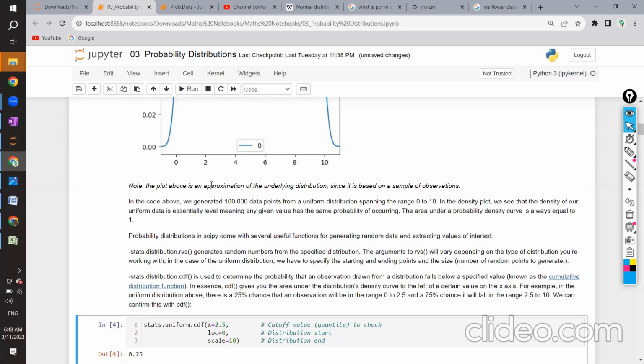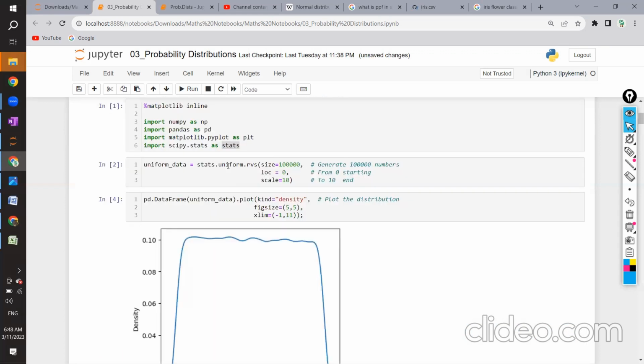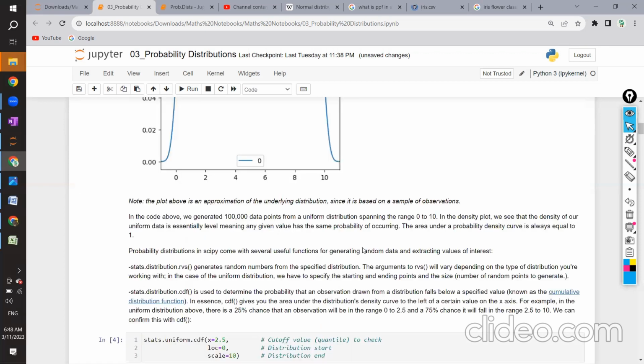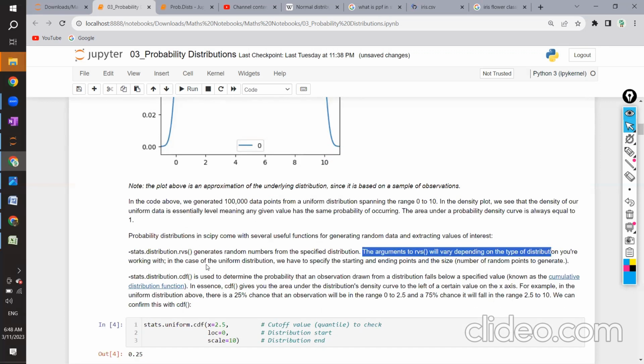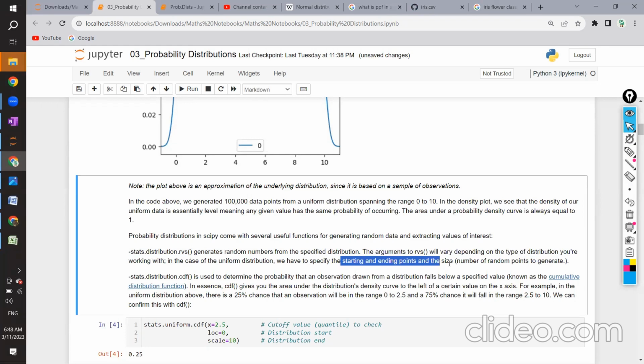Here I want to generate a uniform distribution, so stats.uniform.rvs. The parameters will change accordingly. The arguments to rvs will vary depending on the type of distribution you are working with. For a normal distribution you will pass something, and for uniform you will pass different parameters. In case of uniform distribution you have to specify the starting and ending points and the size.